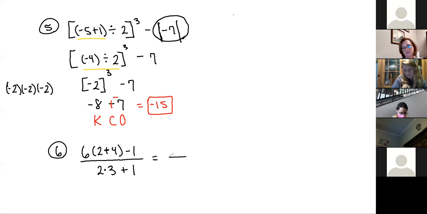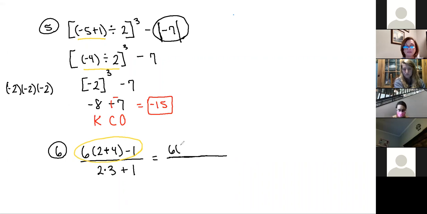Okay. Looking good here. This line right here is like its own grouping symbol. That means we do all of this at the top, all of this at the bottom, following the order of operations, and the last thing we would do is divide. So up here, we're just working this expression. The operation in parentheses would come first.